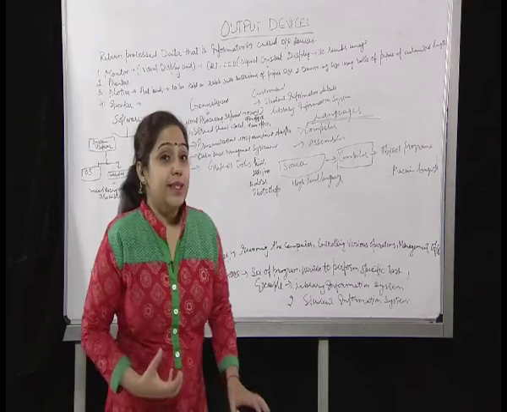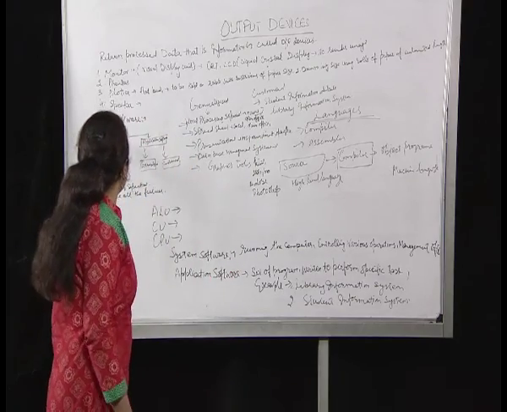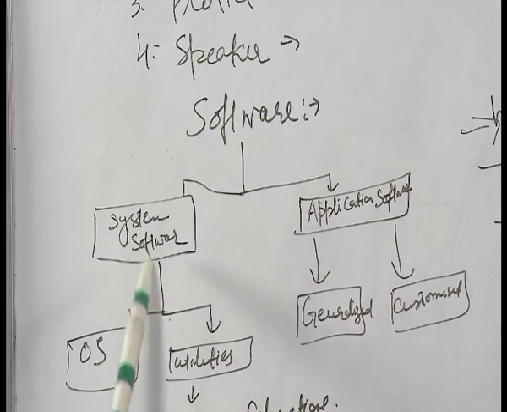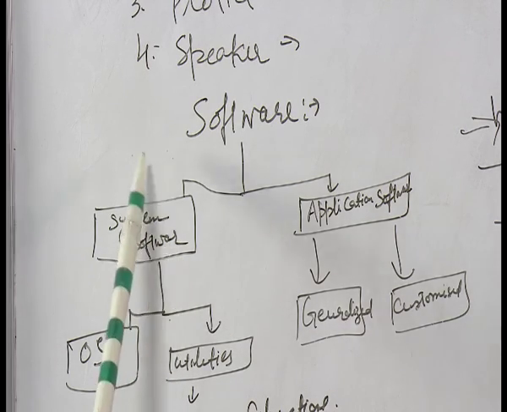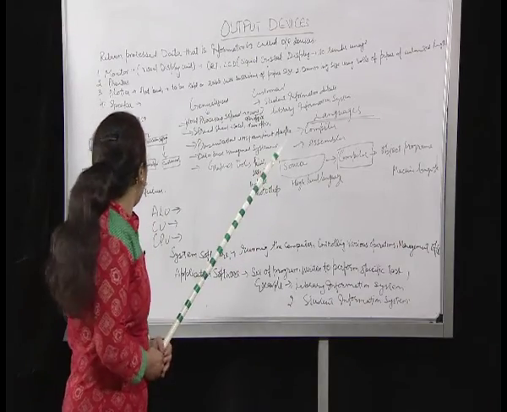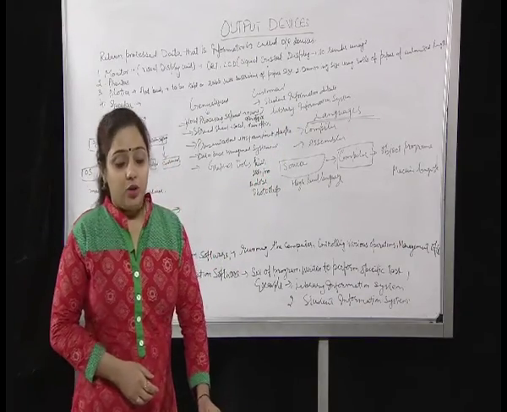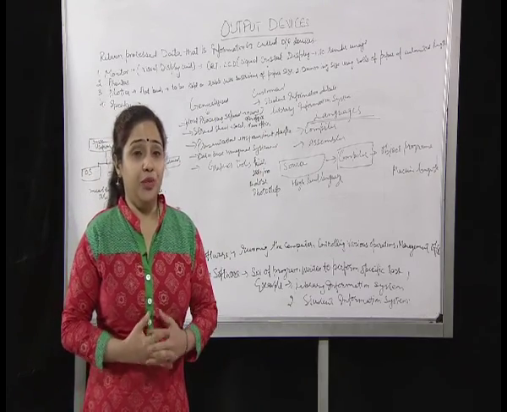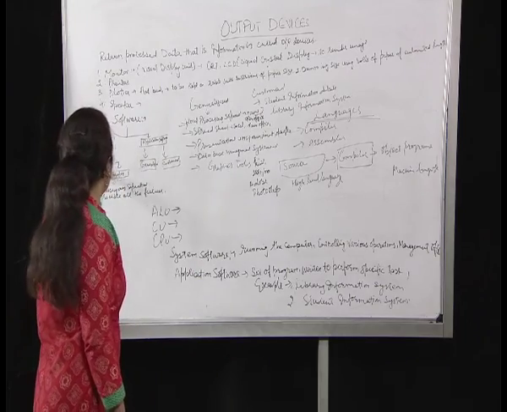That is known as system software. It is responsible for running the computer, controlling the various resources of the computer as well as managing them. These are the main definitions of system software.